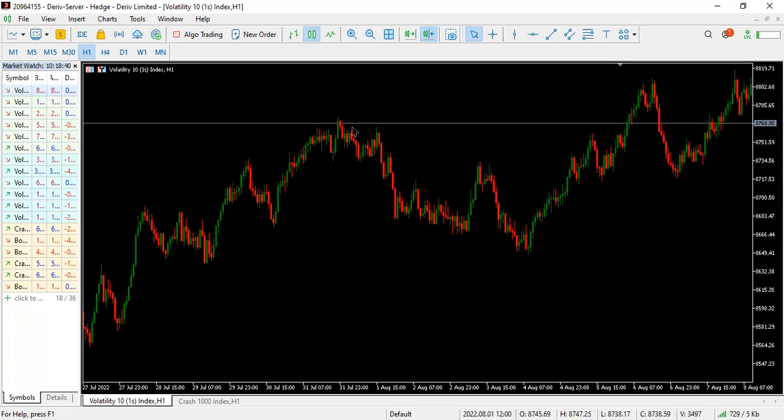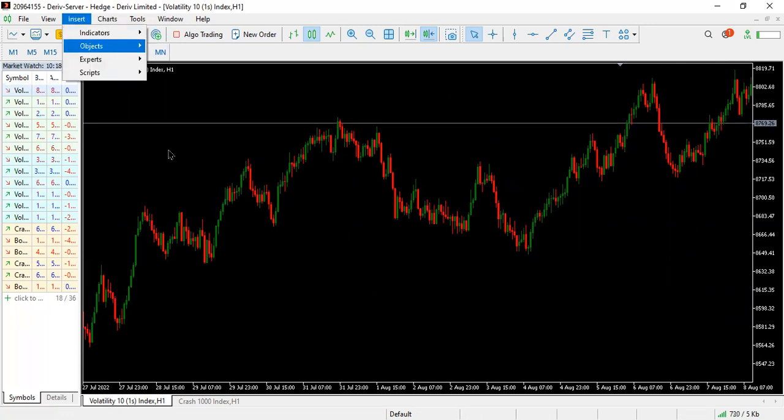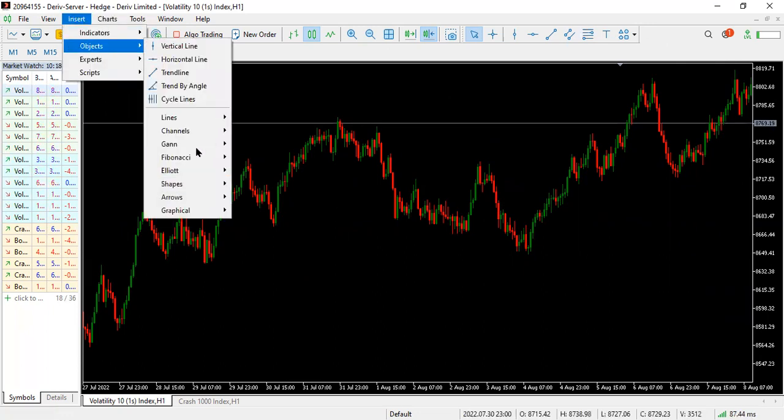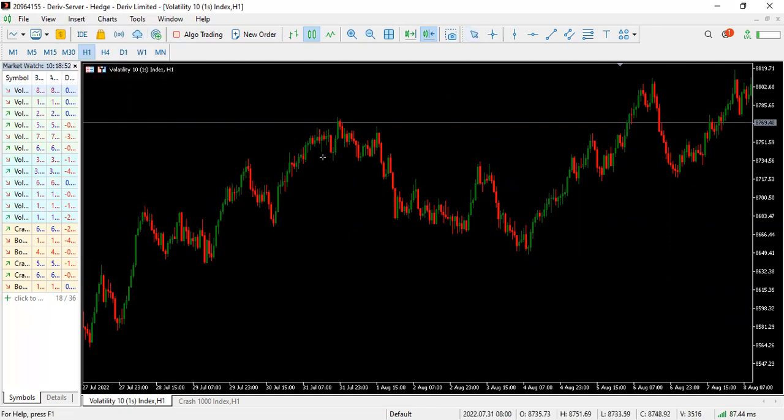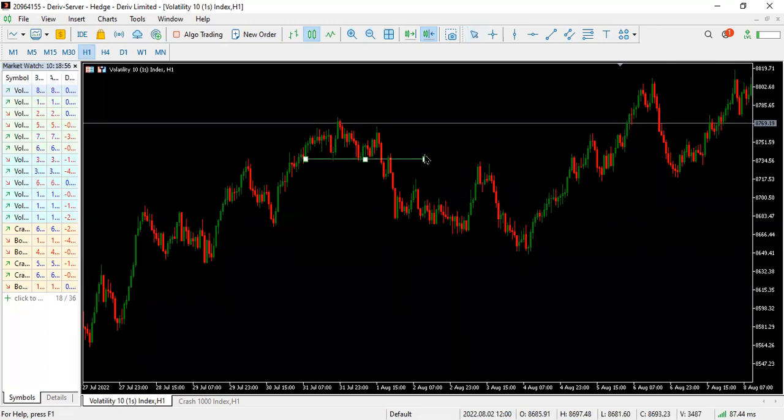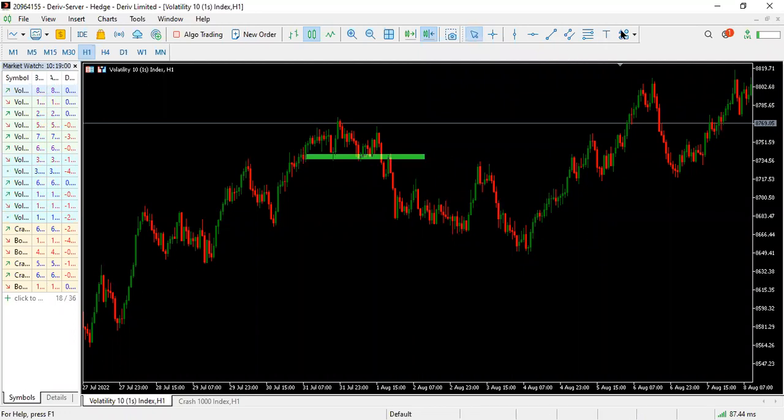Here is another one. Look at this. Flip. It's fine. Look at this level. I'll start from this side and then go to the right-hand side. Remember, once a support is broken, it becomes a resistance.